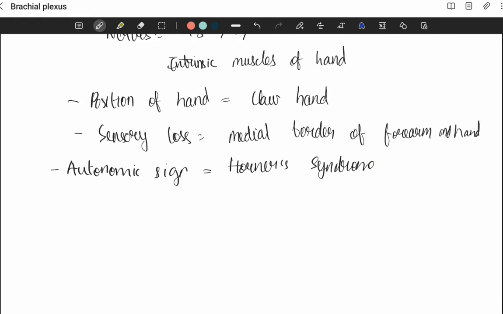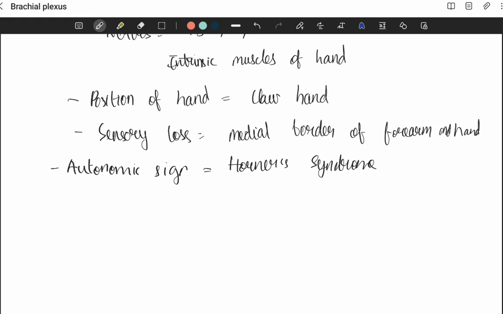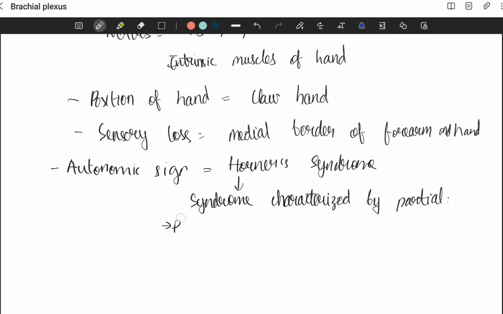It is a syndrome that is characterized by partial ptosis, miosis, anhidrosis and enophthalmos. Ptosis means drooping of the eyelid.